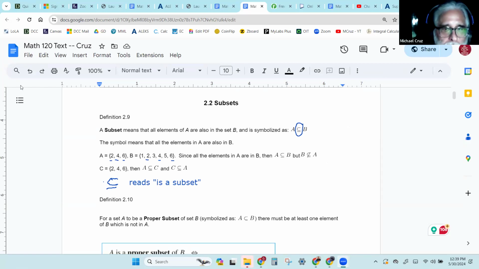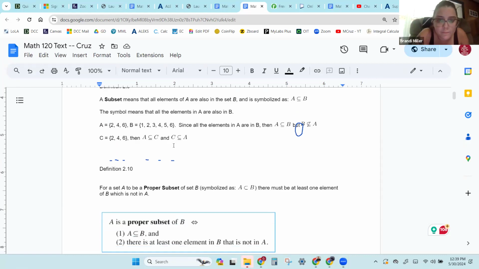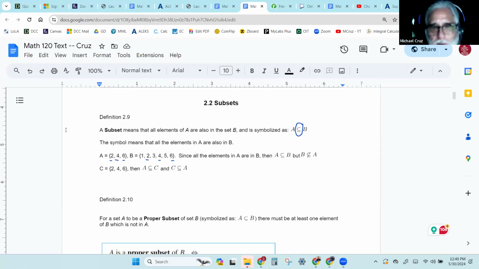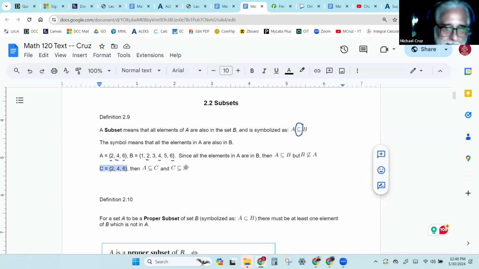So let's go on down. Let's talk about the set C too. We've got this C, and it's the exact same set as A, actually. So those two sets are both equal and equivalent.